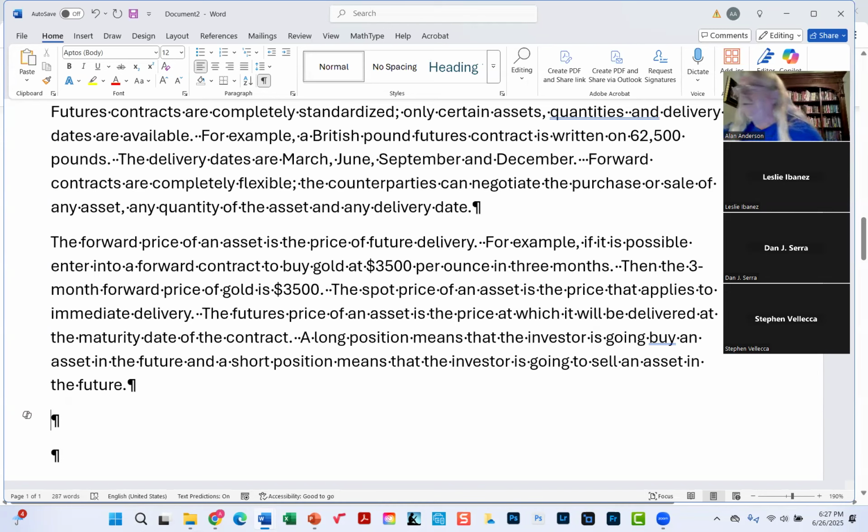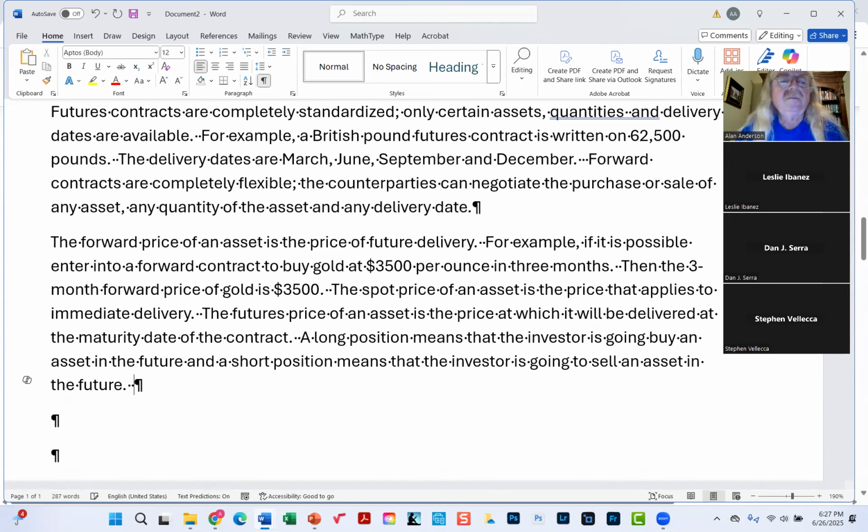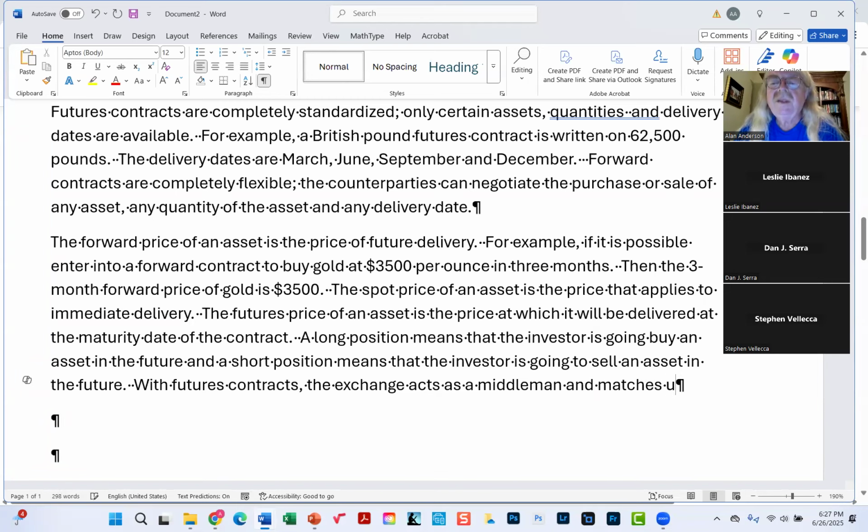Now, what's interesting is that with futures contracts, the exchange acts as a middleman and matches up long positions with short positions.